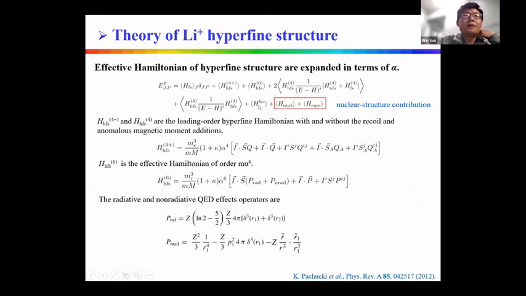And for higher order QED corrections, the hydrogenic approximation is used in our calculations. For this work, what we are mostly interested in are the last two terms, which represent the contribution from nuclear structure.